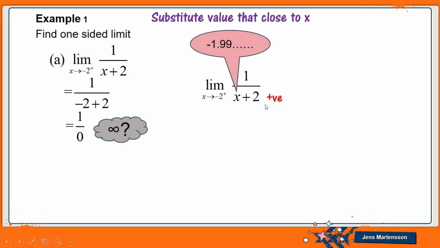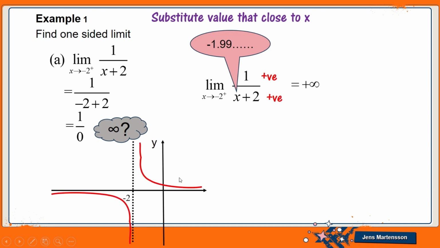We need to know the sign of x plus 2, because actually we know the answer is infinity, but we just want to know whether it is positive or negative. 1 is positive, positive divided by positive, we get positive infinity.